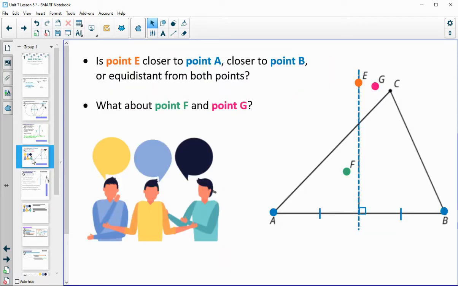Go ahead and take a look at this diagram, pause the video, and think about the 2 bullet points there, then come back to the video and I will discuss it. Would point E be closer to A or closer to B, or would it be equidistant? We know that E will be equidistant, since E is on the perpendicular bisector.